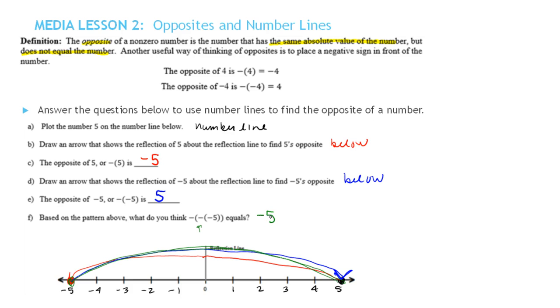So notice that any two opposites cancel each other out. If taking the opposite means reflecting about 0 in one direction, repeating that process will just take you back to where you started. That's going to be a useful idea when we start talking about addition and subtraction.